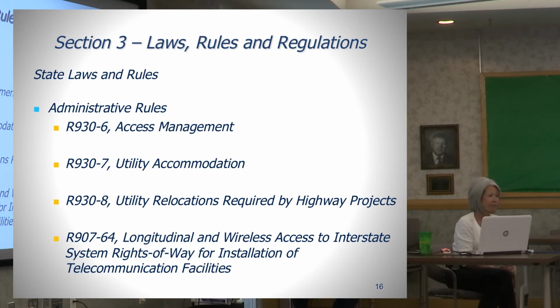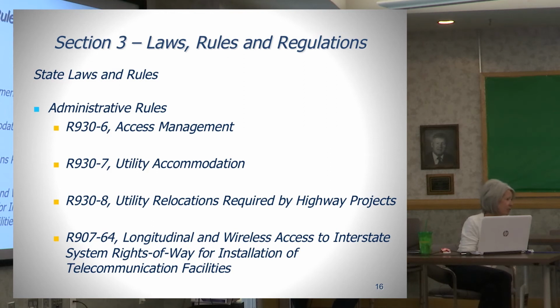It was a pretty Frankenstein-together document that included utility accommodation, a little bit on utility relocations by highway projects, and then access management was piggybacked onto it, which doubled the size of the document. There were a lot of inconsistencies, a lot of contradictions. It had been patched together a million times, and finally there's clarity, much more user-friendly rules.